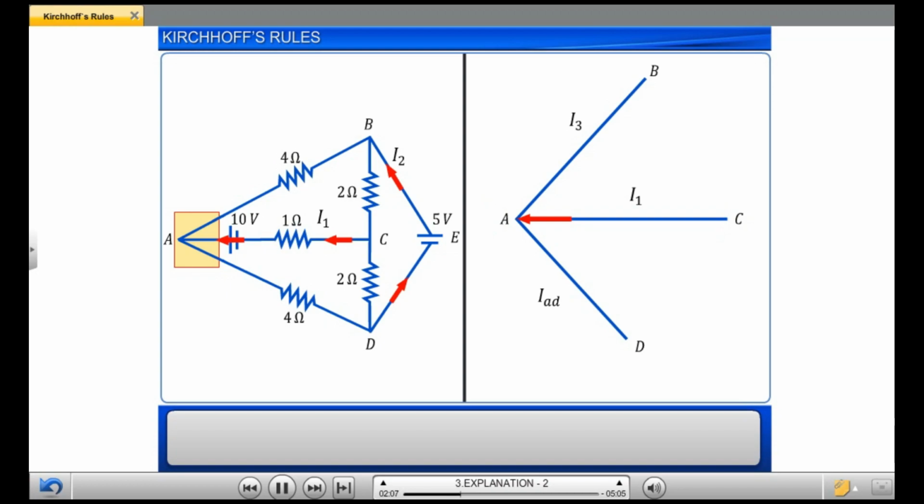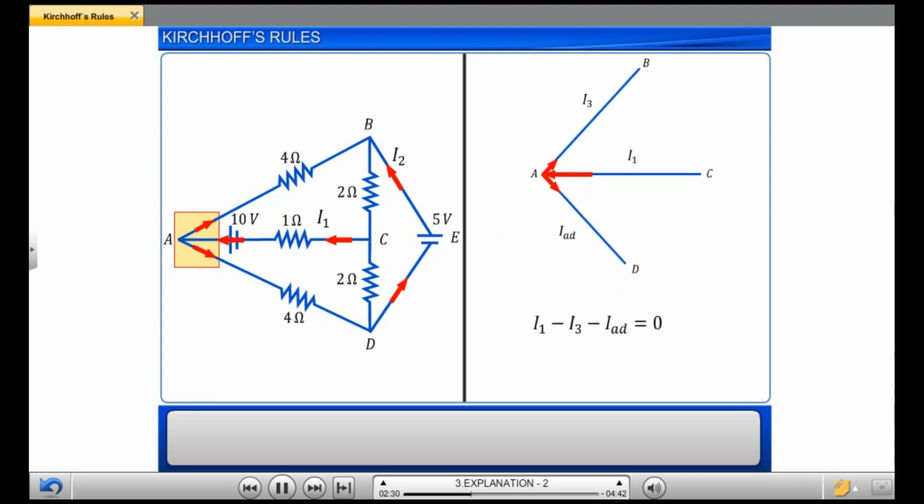Let us assume that a current I3 is flowing in branch BA in the direction A to B. We are now left with only one branch, that is, AD, to which we have to label the current. Let us assume that the current is flowing from A to D. We can now apply Kirchhoff's first rule to find the magnitude of this current.